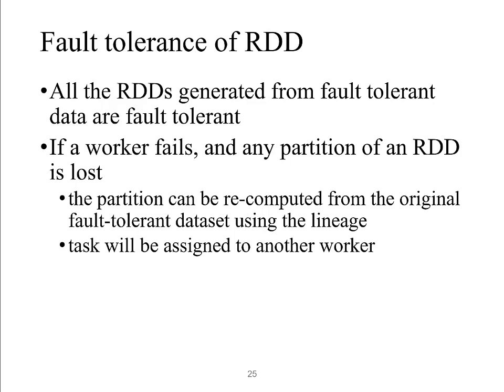Now let's consider if a worker fails. We know that in Spark, RDD is split into partitions, and each node, or say executor, is operating on a partition at a time, right?